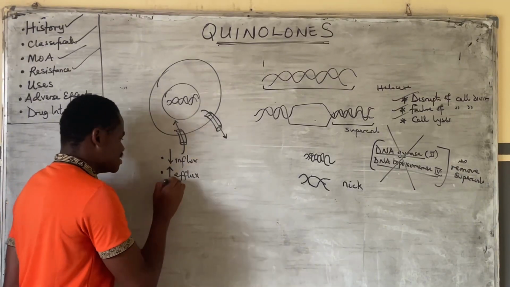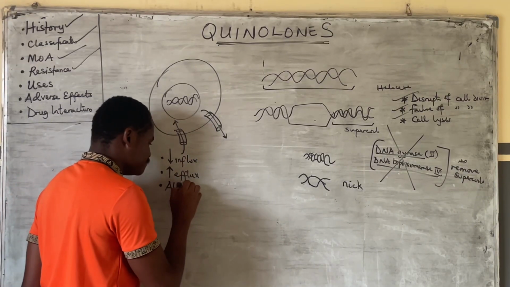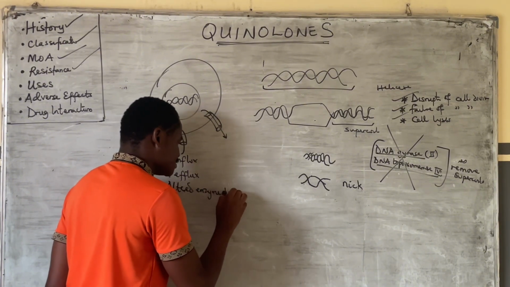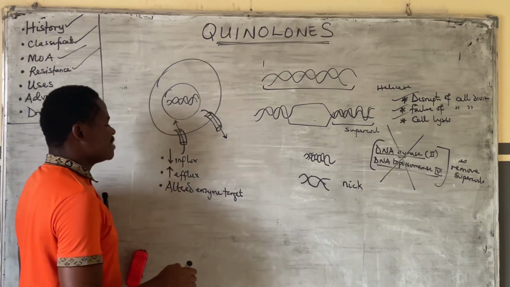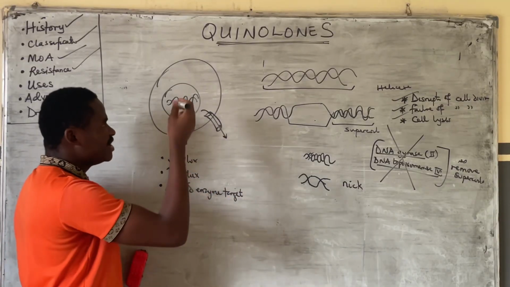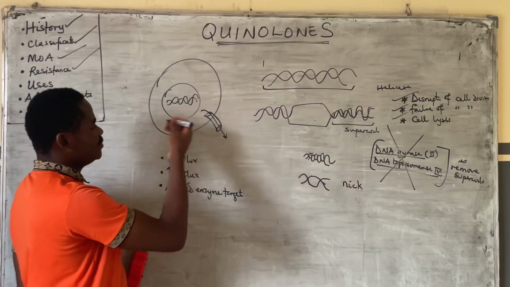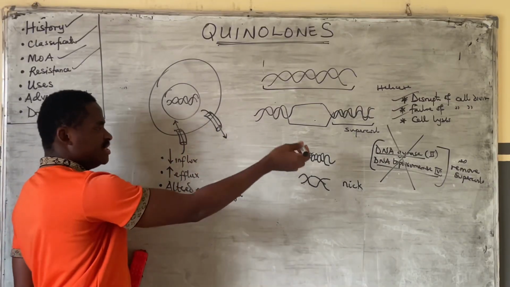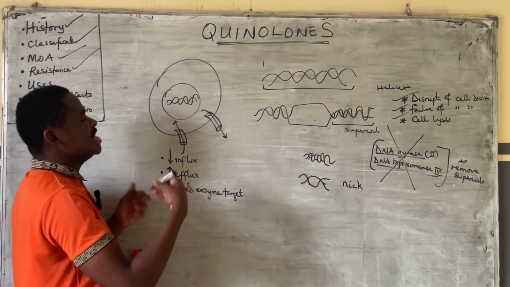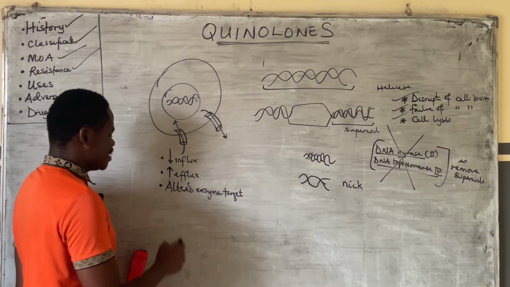Or another way is that we can alter the enzyme target. By altering the enzyme target, maybe the enzymes that are needed for this process may be changed, making quinolone useless, because even if there's a new enzyme, DNA gyrase and DNA topoisomerase were what quinolones were made for. So they won't have any action.